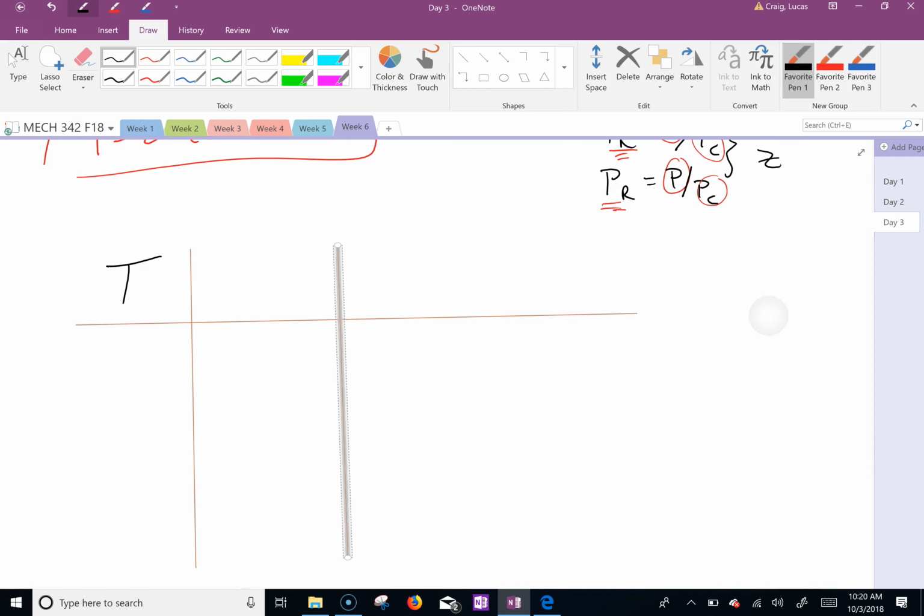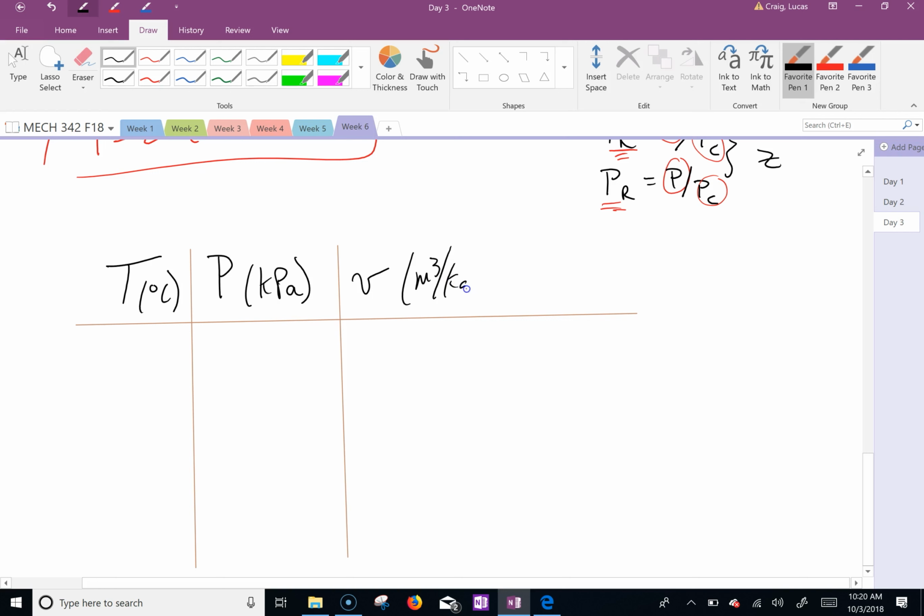Let's see, what else we got? We got pressure. So let's do degrees C, kilopascal, volume, and then phase change or phase description.